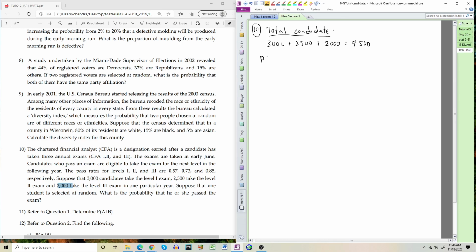The probability a person sits for level 1 exam is 30/75.